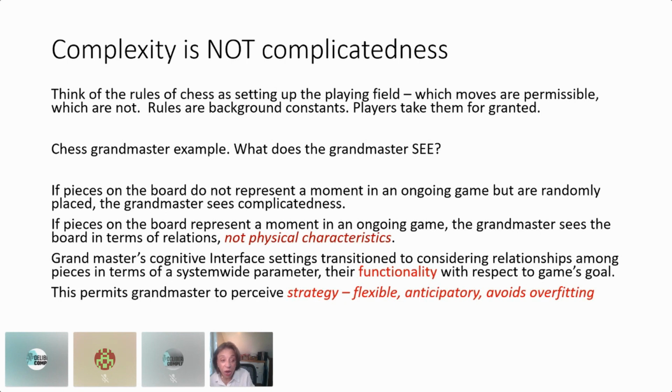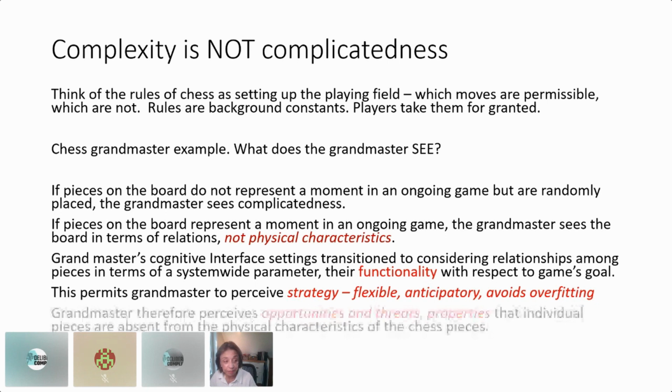And notice how strategy is multiply realizable. The same strategic position can be actualized, realized by different locations of the pieces on the board. So strategy is flexible. It is a view of a constraint structure. It is not a view of the individual physical pieces.